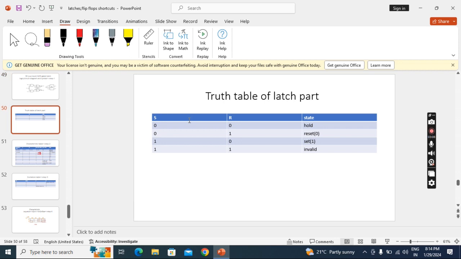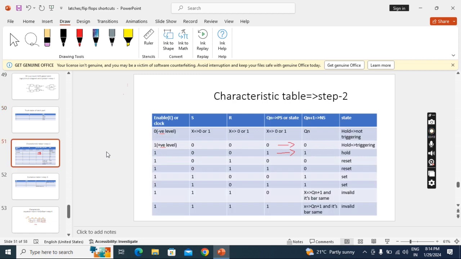When 0 0 goes, the NOR latch will hold. The same happens as we got with the gated NAND latch with positive level. There is no other difference.